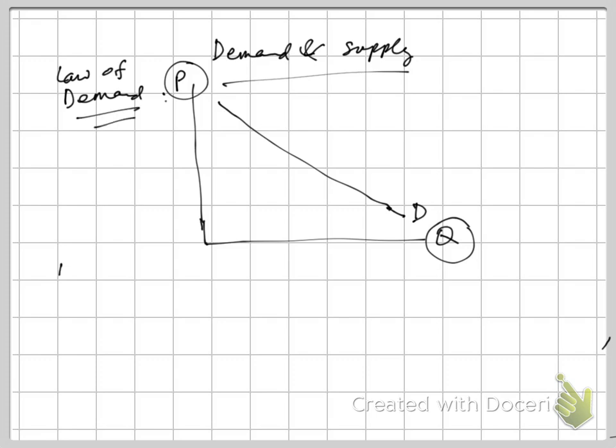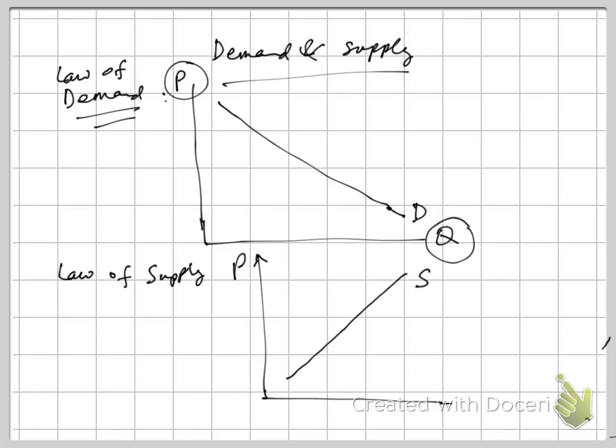Similarly, we have the law of supply, which implies that the supply curve is non-decreasing. Non-decreasing means that it can be an increasing one, it can also be vertical, that's okay, but usually we go with the upward sloping one. And if you basically relate these two, we'll go to the concept of equilibrium.